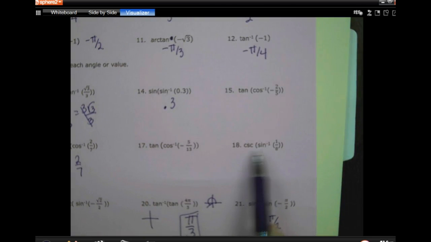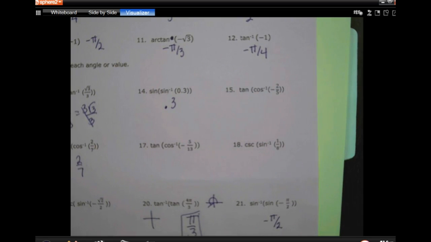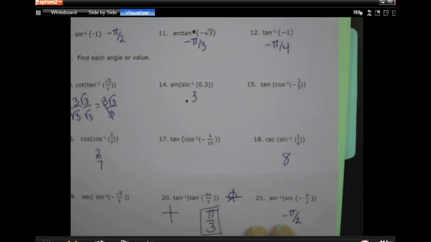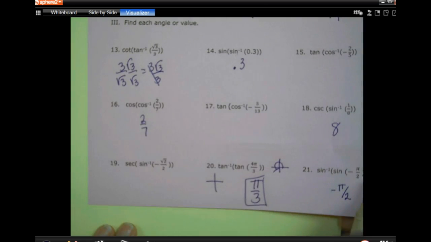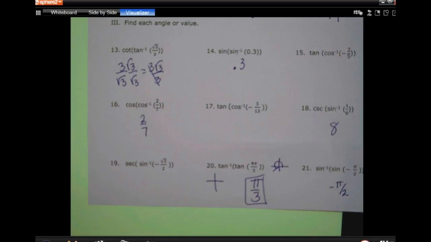So, the cosecant and the sine, they are reciprocals. So they cancel out, except I have to flip the 1/8 and it becomes 8. Okay, like number 19, they're not reciprocal, secant and sine.